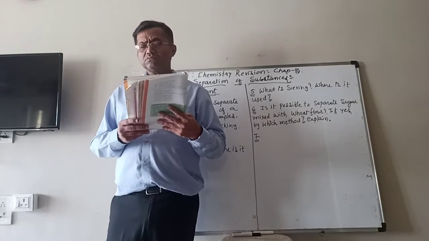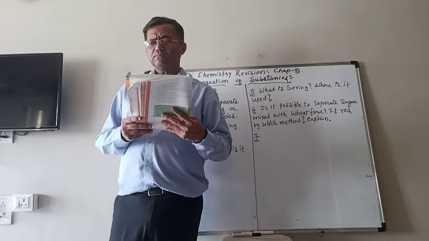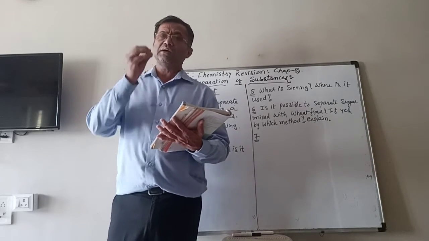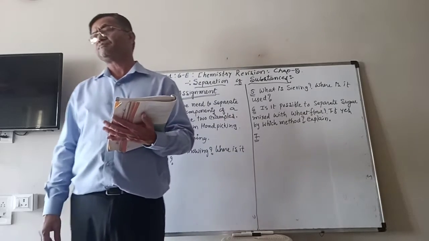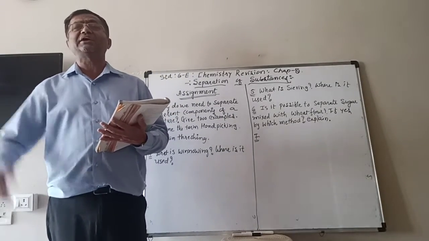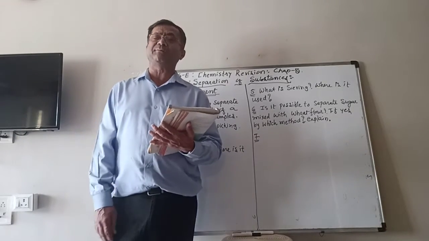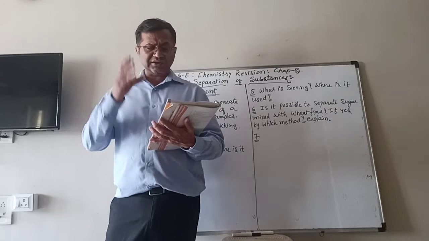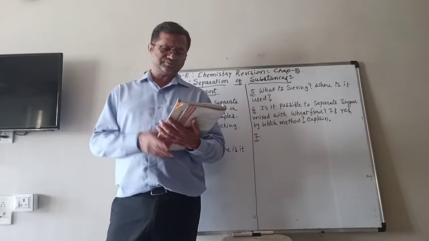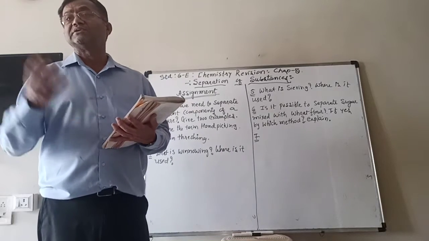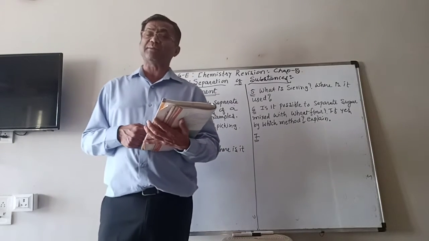So now, sometimes it is easy with simple methods, but sometimes you have to use more difficult methods also. For example, if salt and sand are mixed, how will you separate them easily?